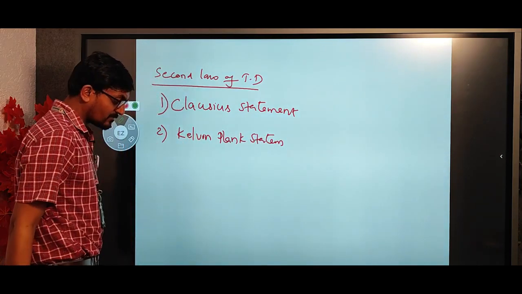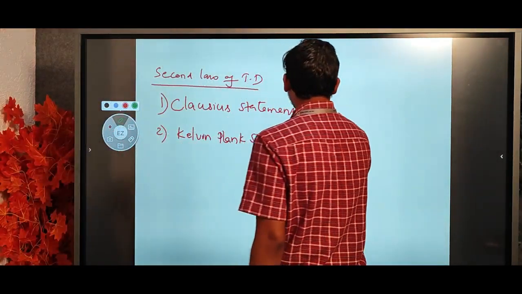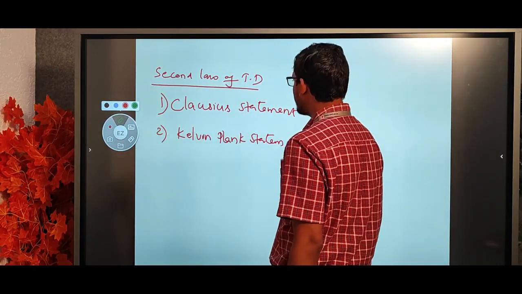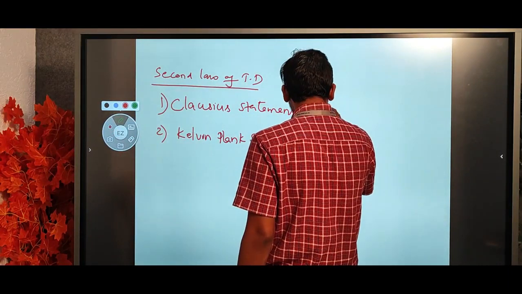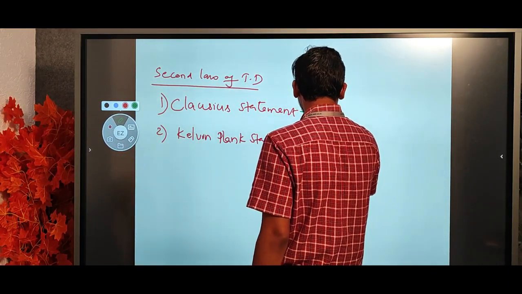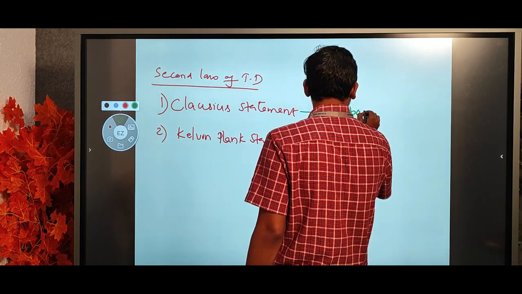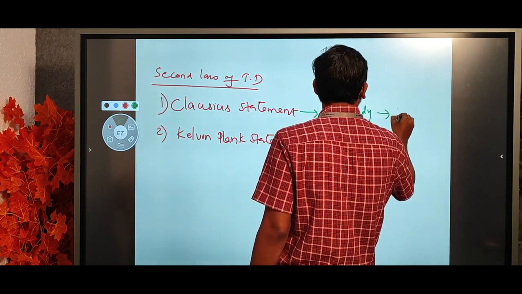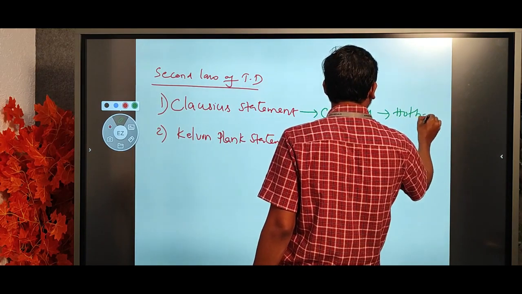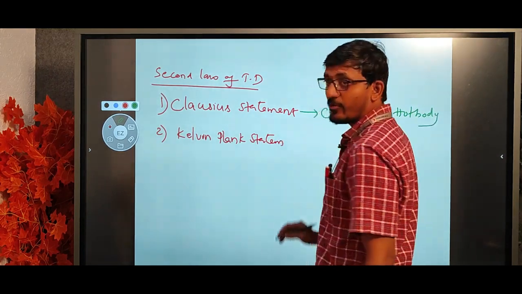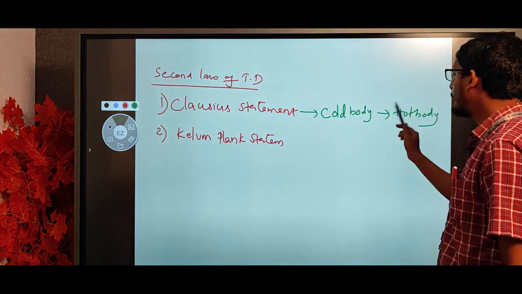Okay, what is the Clausius statement? The Clausius statement states that it is impossible to transfer heat from a cold body to a hot body. Means it is not possible to transfer heat from a cold body to a hot body.